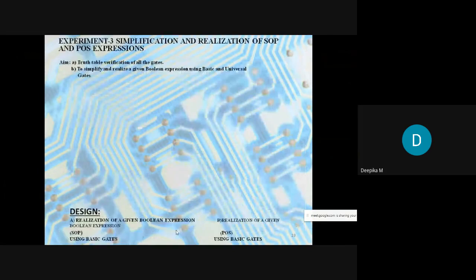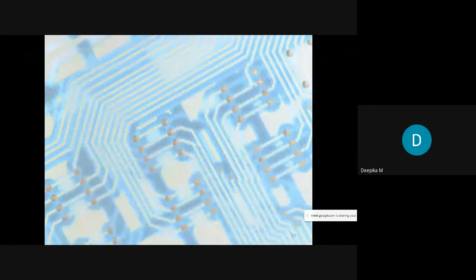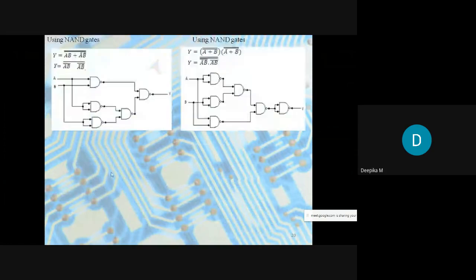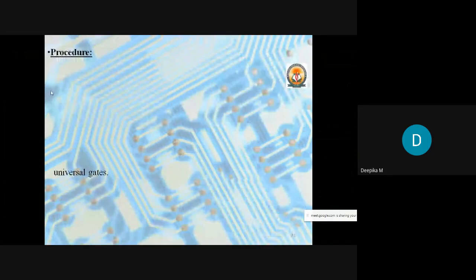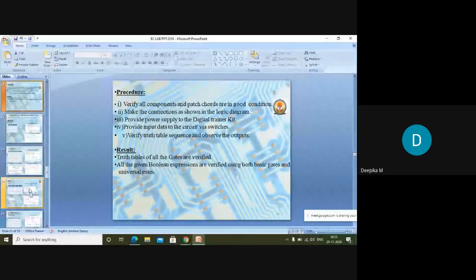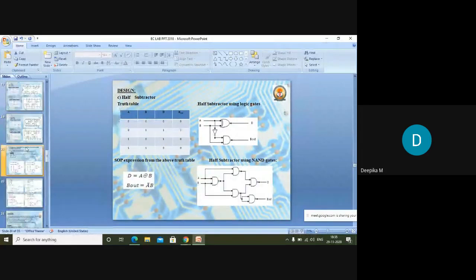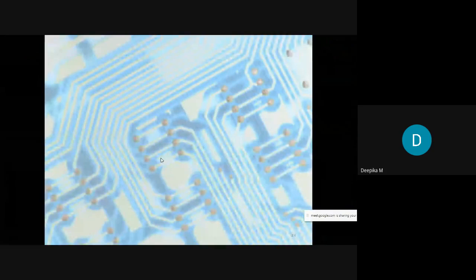And now we have simplification. Next, this is with respect to experiment number 2. In experiment number 2, we have studied about the basic gates, like how we have constructed them, what the different IC numbers are, and how the pin configuration would be.